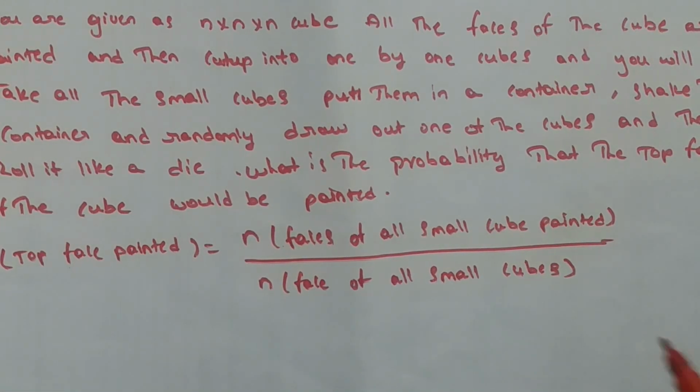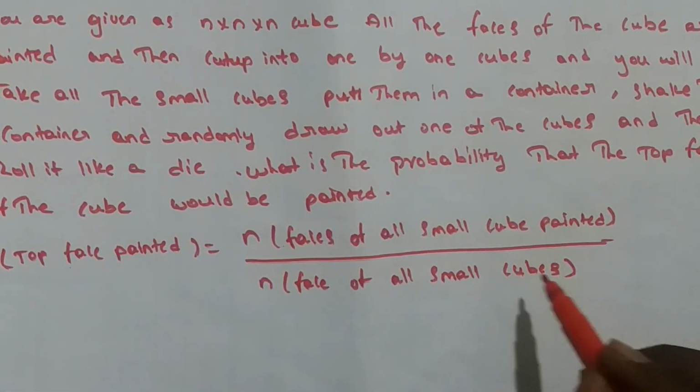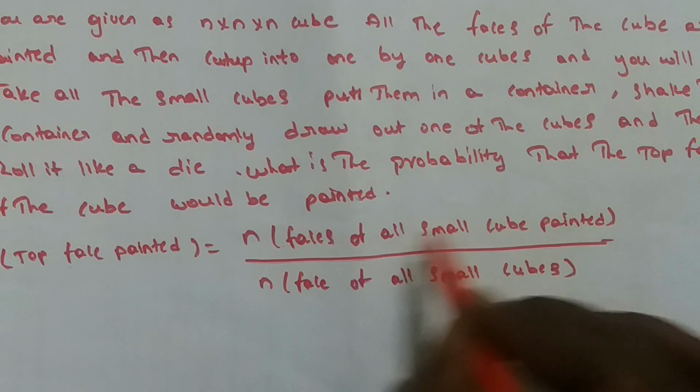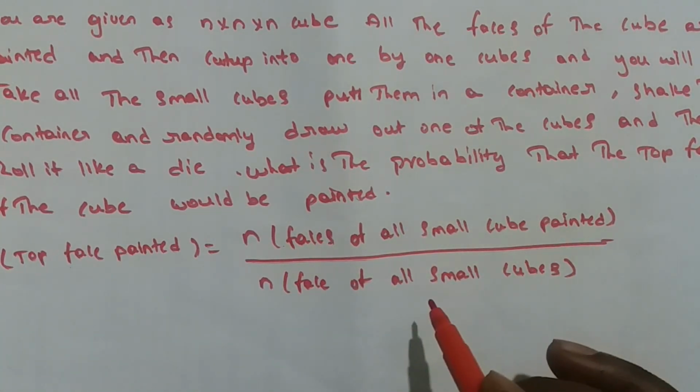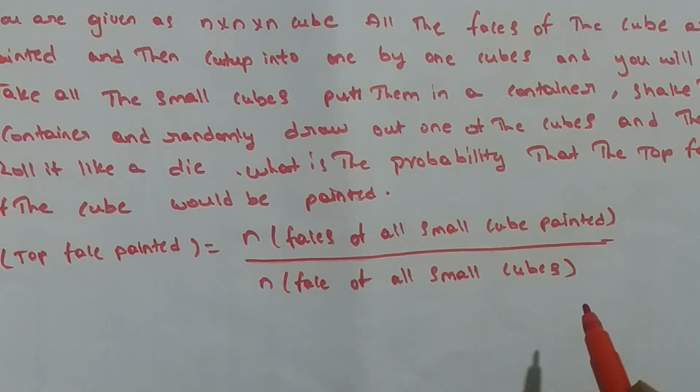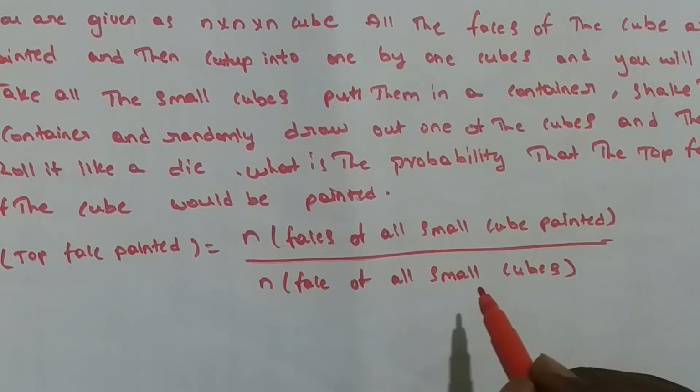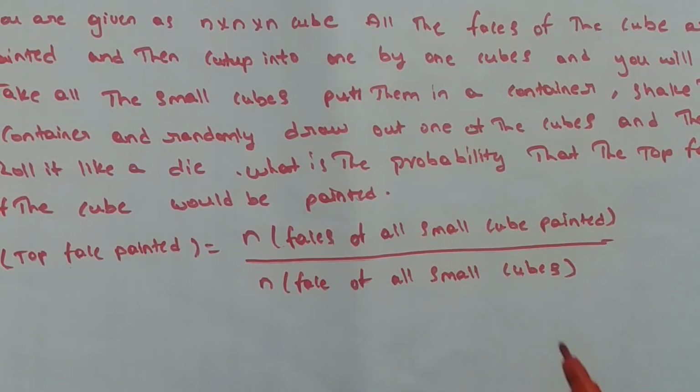Here we are getting only painted cubes, but in the denominator we get painted and non-painted cubes also. How will we find out the painted and non-painted cubes?